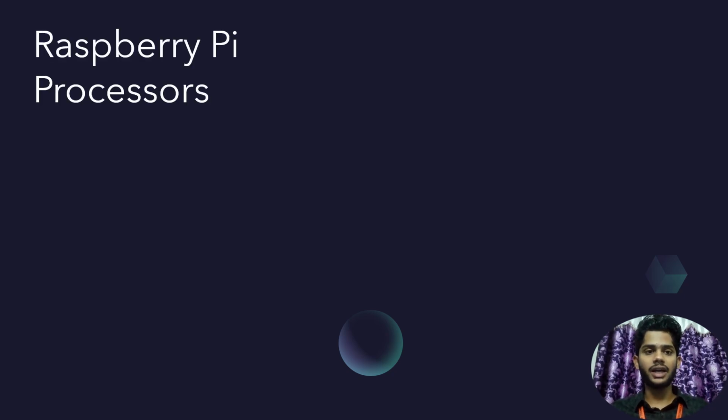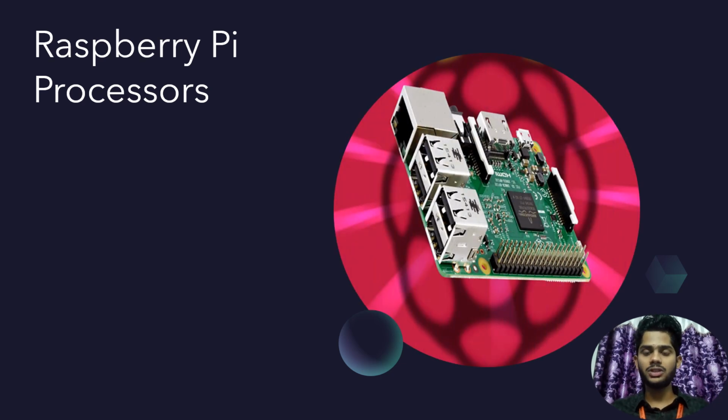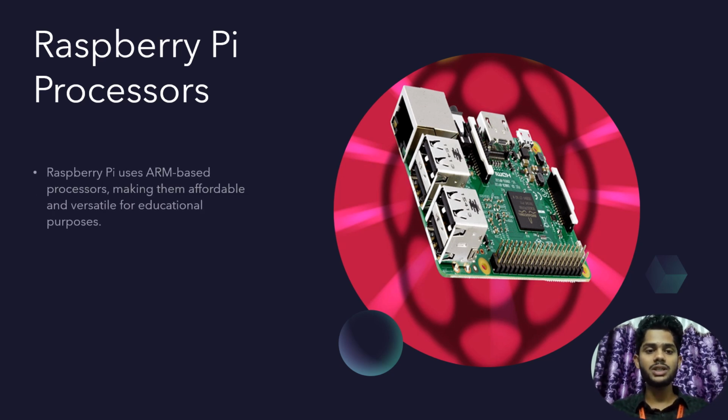Let's conclude our topic with the last processor, the Raspberry Pi processor. This is the most advanced processor in today's technology. Raspberry Pi uses ARM-based processors, making them affordable and versatile for educational purposes. These low-power processors are suitable for IoT projects and hobbyist applications.